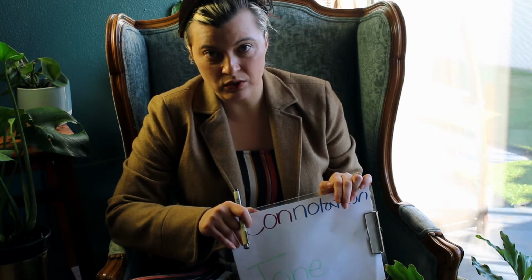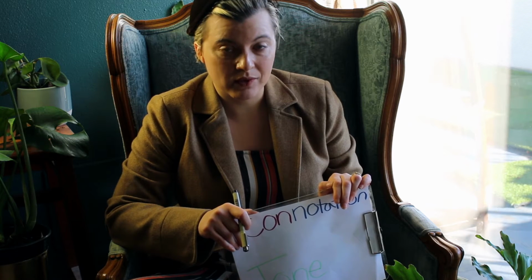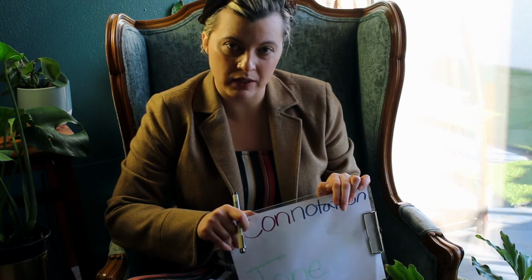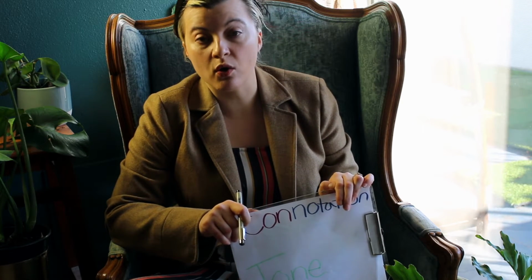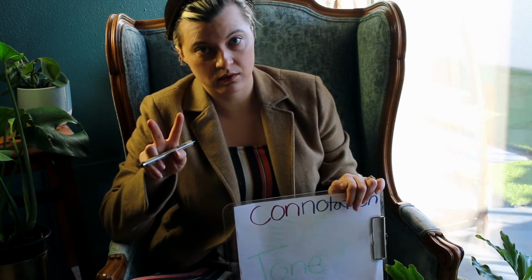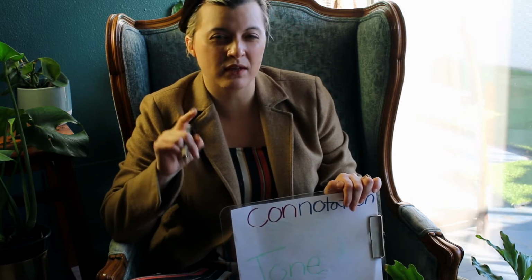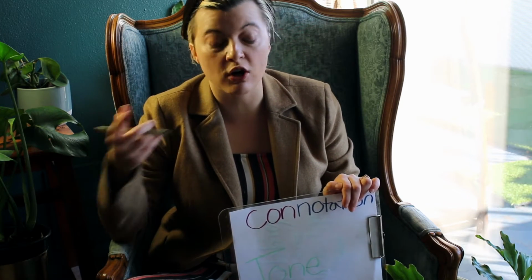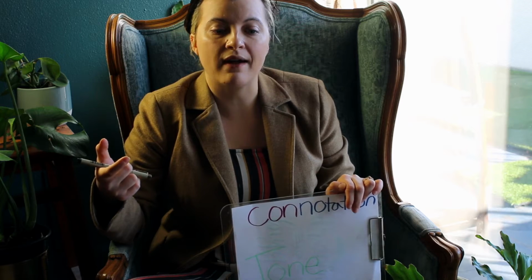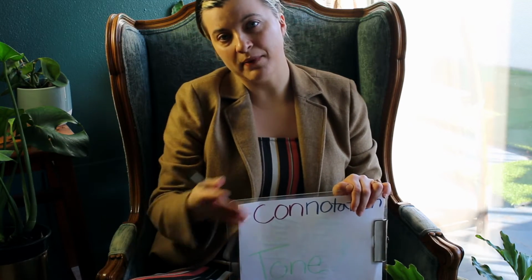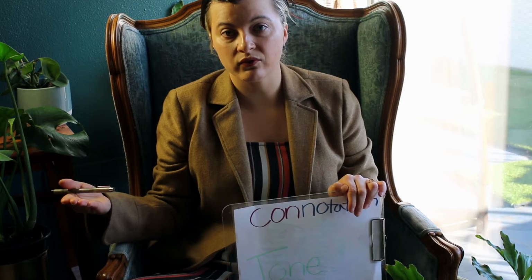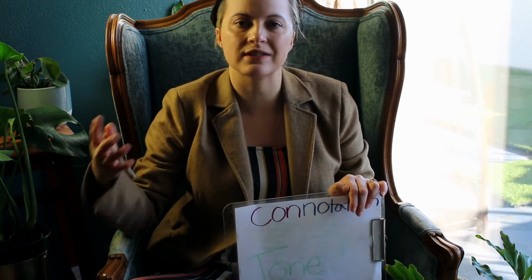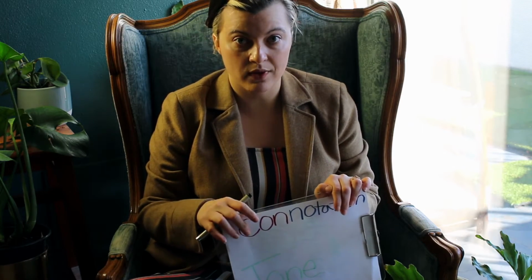One of the things you can do to show me that you get this is going to be to look at a poem or even a piece of your independent reading book and to graph the tone of at least two words to show me that you first of all picked words to graph that are actually powerful words that have strong tones or strong connotations, and then you're going to graph the overall tone of that piece so you can see for yourself and show me that you know how those connotations lead to that tone. So I'm going to show you how to do that right now.